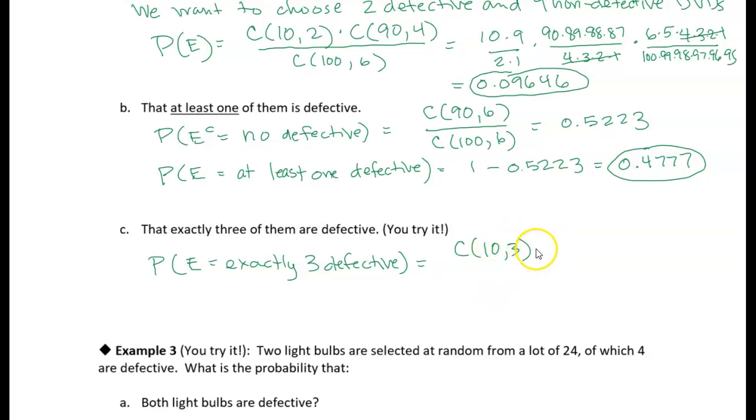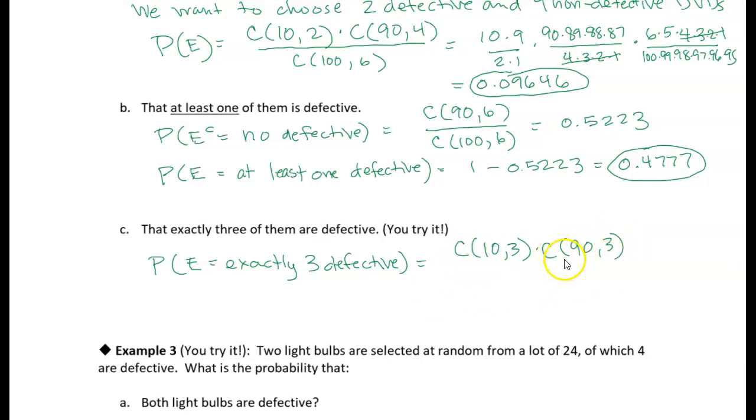But then we still have to choose another 3 DVDs. But this time we want to eliminate the defective ones and just choose from the non-defective ones, right? Because we want exactly 3. Exactly 3, no more defective DVDs. All right, so you need to then take the 90 that are non-defective and choose 3 of them.